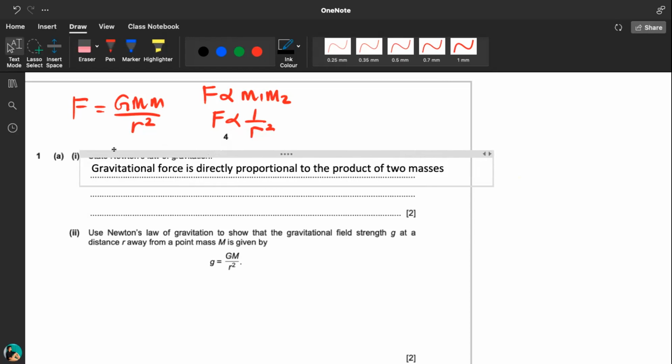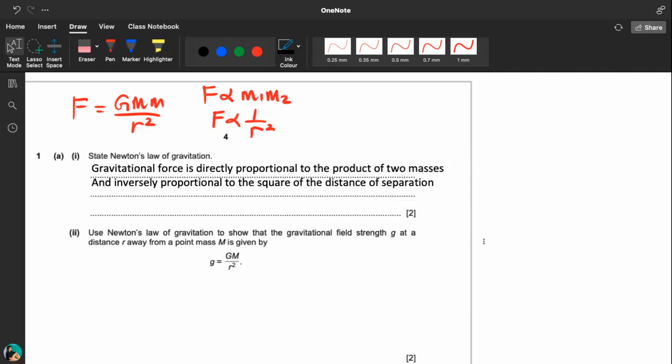Gravitational force is directly proportional to the product of two masses and inversely proportional to the square of the distance of separation.